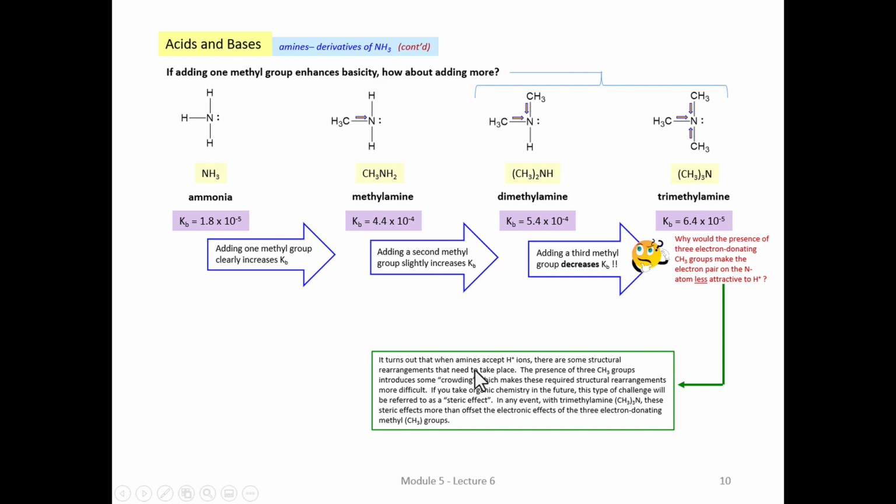Well, it turns out that when amines accept H plus ions, there are some structural rearrangements that need to take place. And in this case, the presence of three methyl groups introduces some spatial crowding, which makes these required structural rearrangements more difficult.